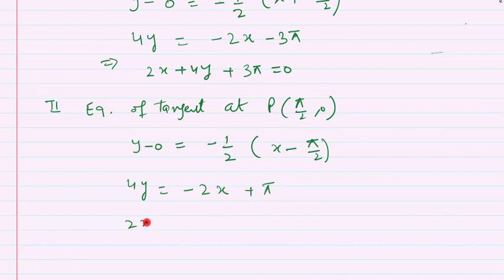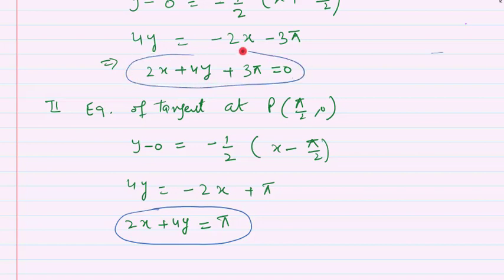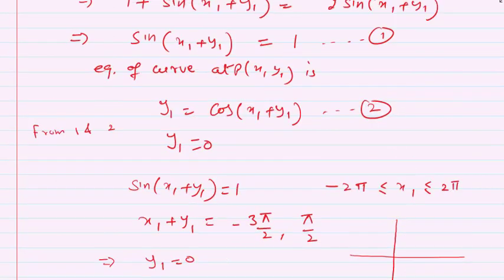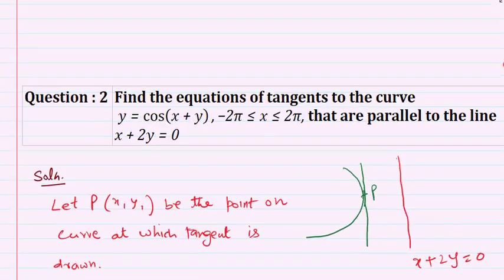So the equation is 2x + 4y = pi. So these are the two equations of tangent for the given curve. I hope you understood the concept and you know how to solve these problems.